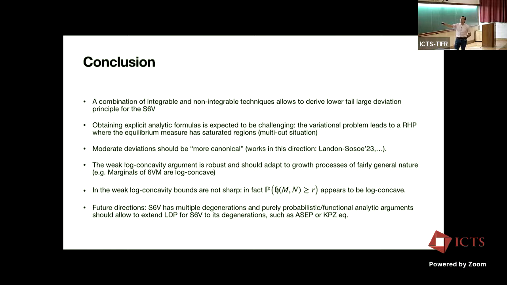There are error terms. But in fact, from numerical exact experiments, I have never been able to disprove the pure logarithmic concavity of the probability distribution of the height function, which, given the connection between the 6-vertex model and whole Littlewood polynomials, would imply logarithmic concavity of the whole Littlewood polynomials.